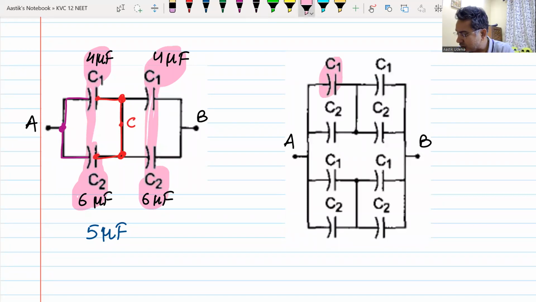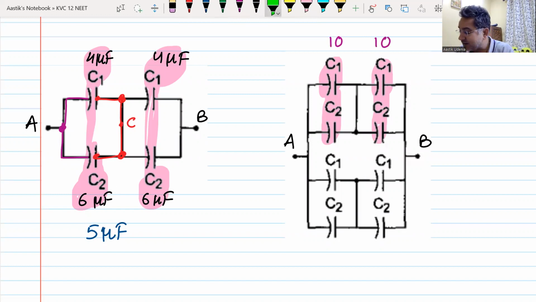This is exactly the same, beta. This C1, which is 4, and this C2, they are in parallel. So this becomes 10. Similarly, this C1 and this C2 are in parallel. Same concept. It becomes 10.